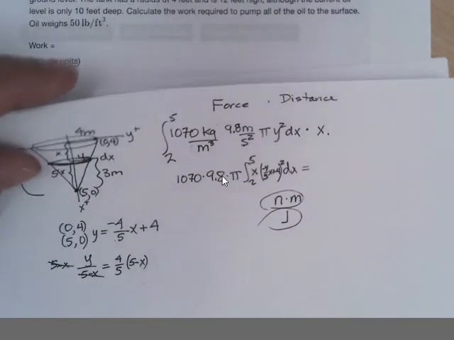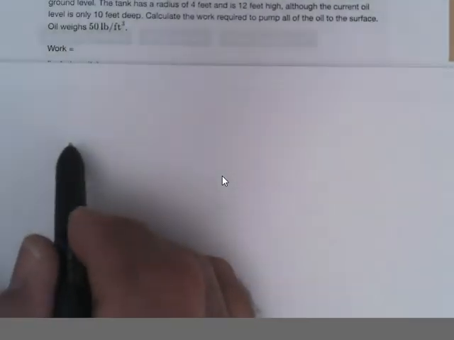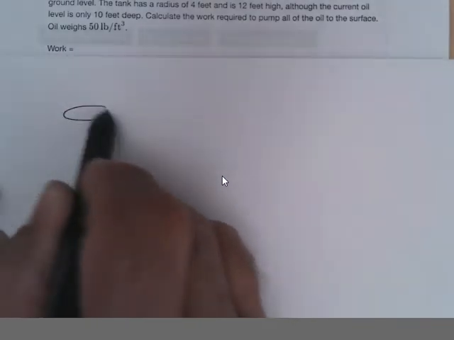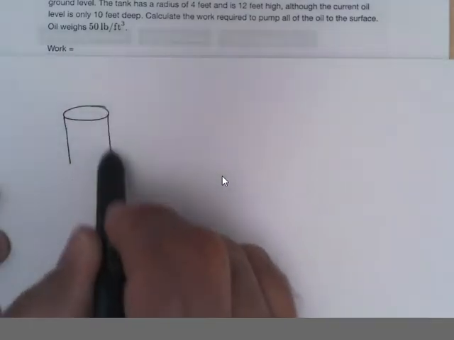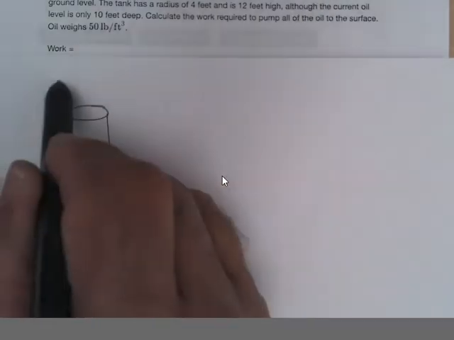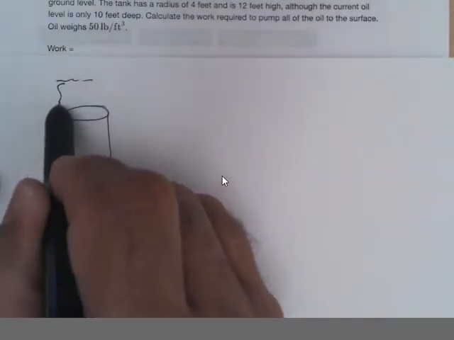Number two. On this one, we have an oil tank that's an upright cylinder. So it's going to look like this. It's buried, so it's 10 feet beneath ground level.